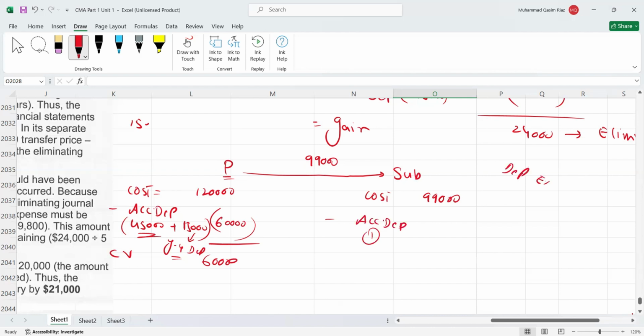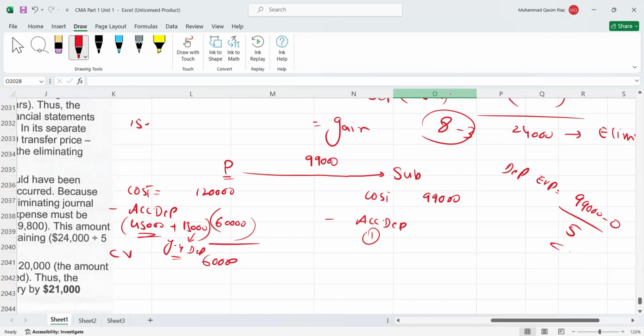Depreciation expense. He will take cost. Cost is 99,000 for the subsidiary, salvage value 0, and life remaining is 5 years, right? Because 3 years are already gone. Total life was 8 years, 3 years the parent has already used, so remaining life is 5 years. So we'll depreciate 99,000 divided by 5.